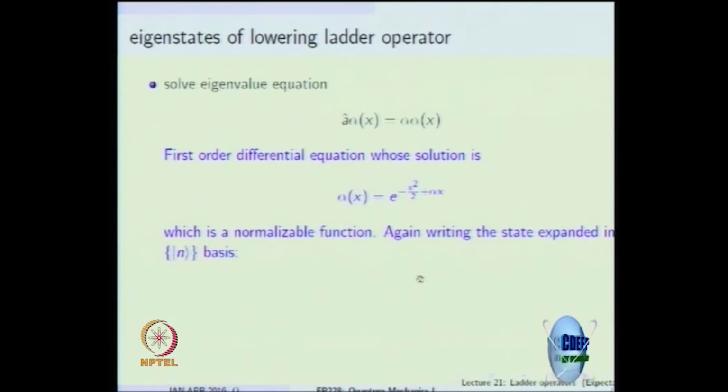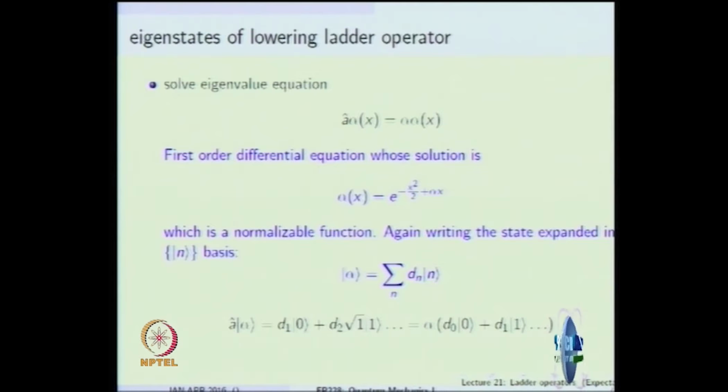So again write the state alpha in terms of the number operator eigenbasis. What is my aim? I want to determine all the dn's. I know it exists, but I want to know what exactly these coefficients are. How do you do that? How will you do this? A on alpha and then A on n, and write out the eigenvalue equation.